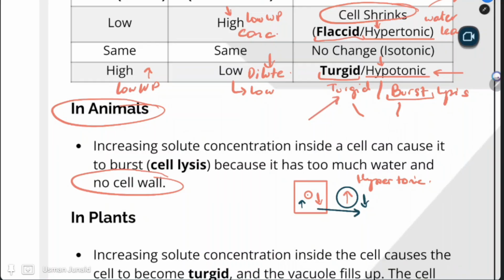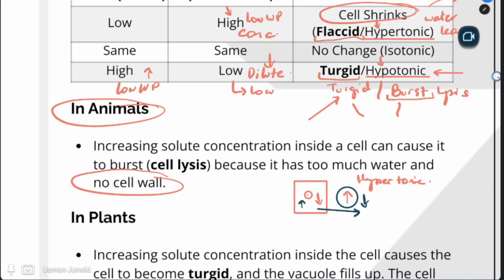It makes the cell very, very strong, right? For example, if you have a very strong outer covering and you fill that with a substance, it would become tough, right? That's basically what happens in plant cells.